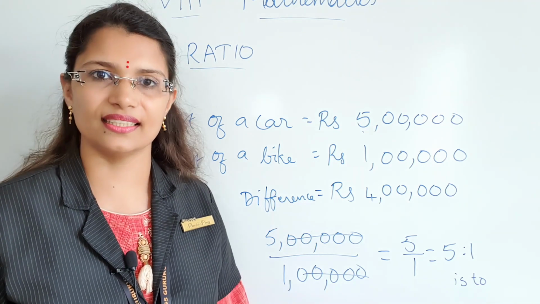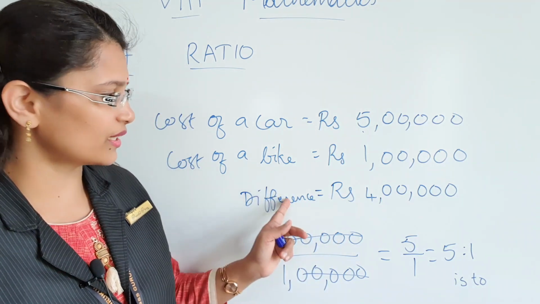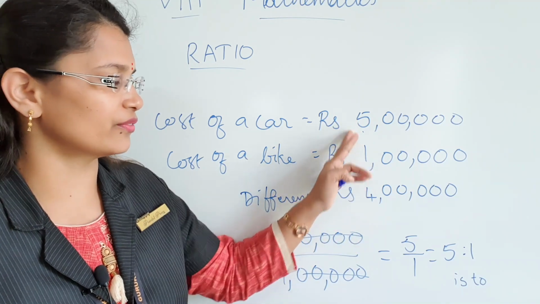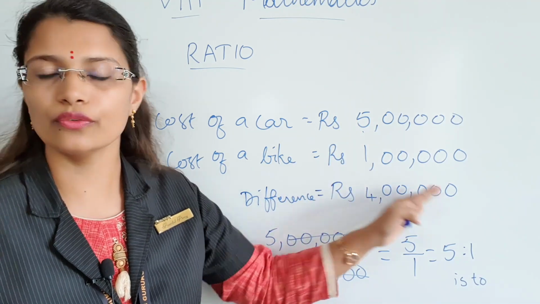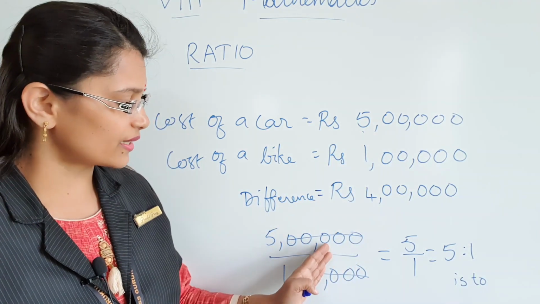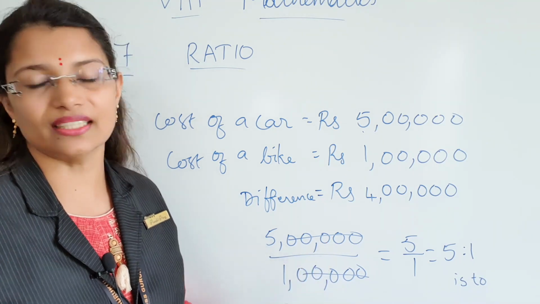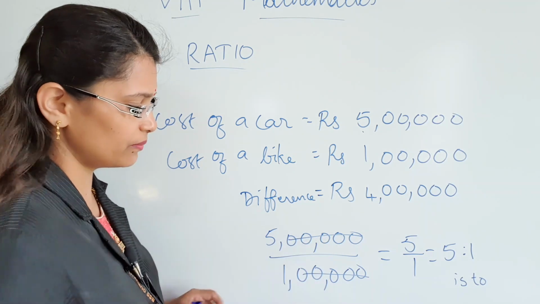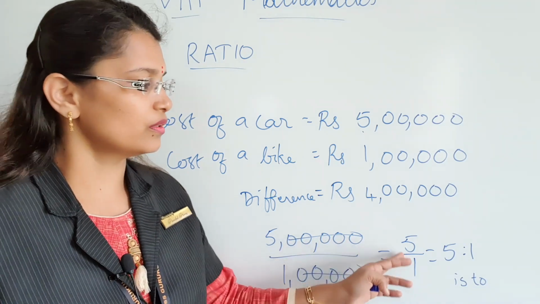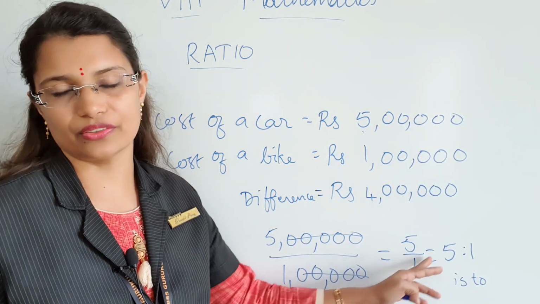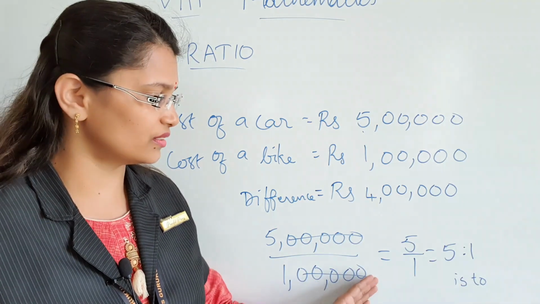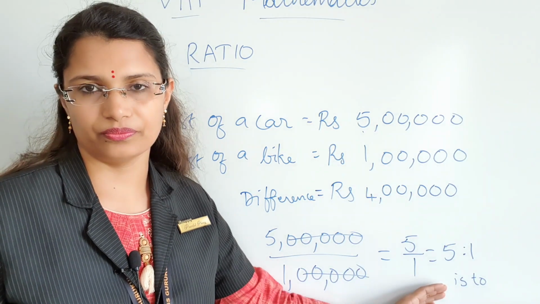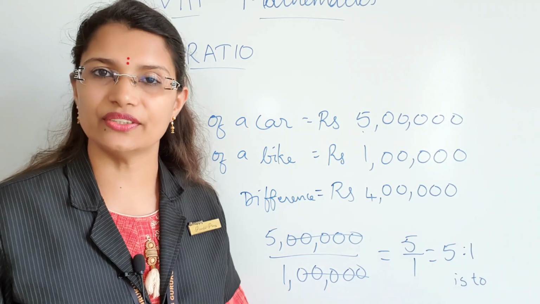Is it clear? This is difference. Difference is just subtraction. 5 lakh minus 1 lakh is equal to 4 lakh. Here we are comparing in another way, that is with the help of fraction. 5 lakh divided by 1 lakh is equal to 5 by 1 is equal to 5 is to 1. This is called ratio. Understood? So, how can you define ratio?